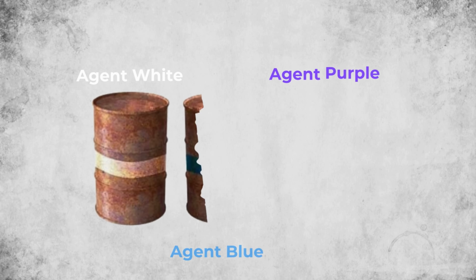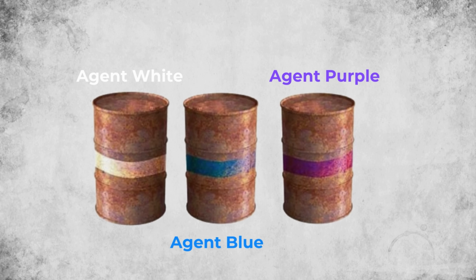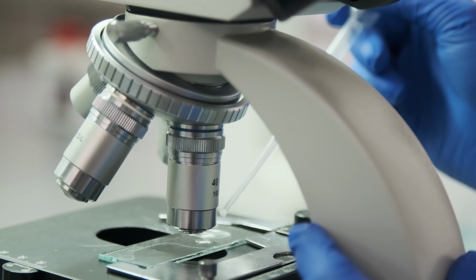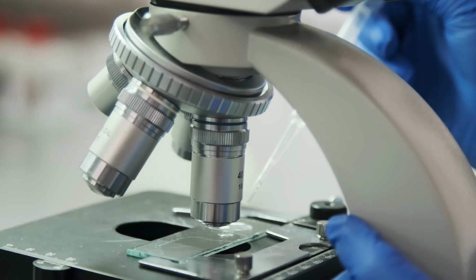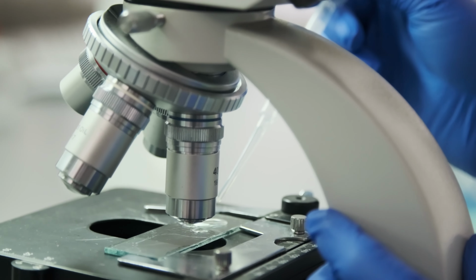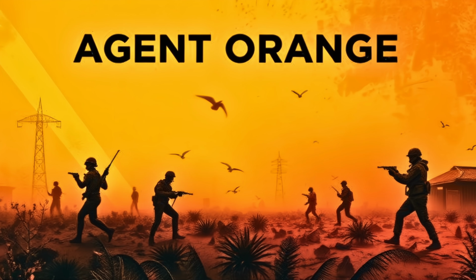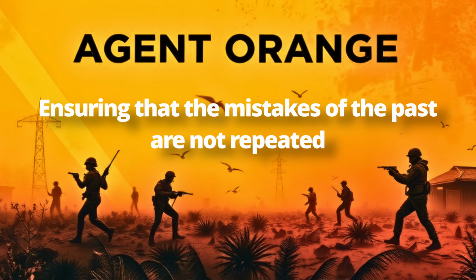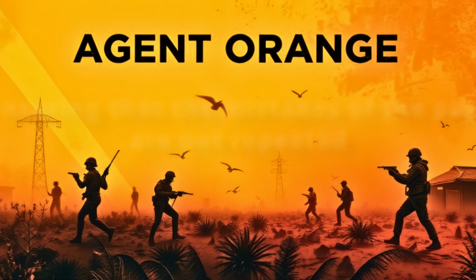In addition to Agent Orange, other herbicides, including Agent White, Agent Blue, and Agent Purple, were also used during the Vietnam War, contributing to widespread environmental damage and health issues. Ongoing research and cleanup efforts offer some hope, but it can never be fully undone. Its legacy serves as a powerful call for ethical responsibility in both science and warfare, ensuring that the mistakes of the past are not repeated.